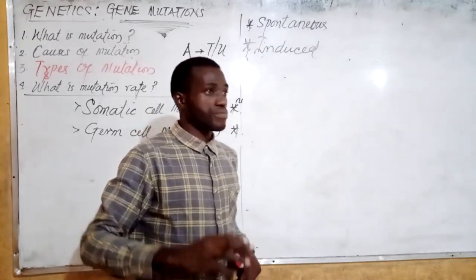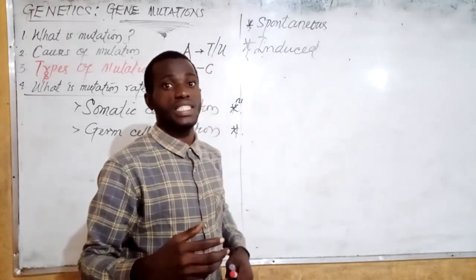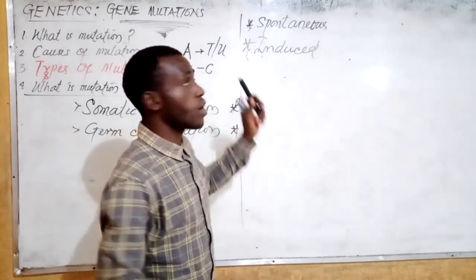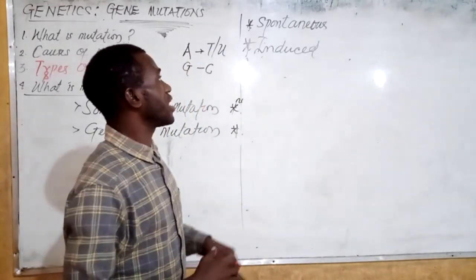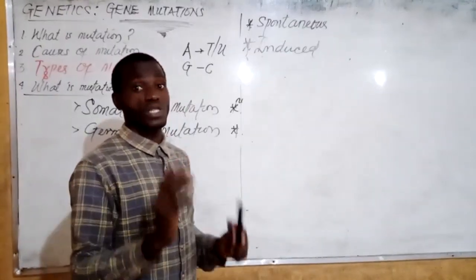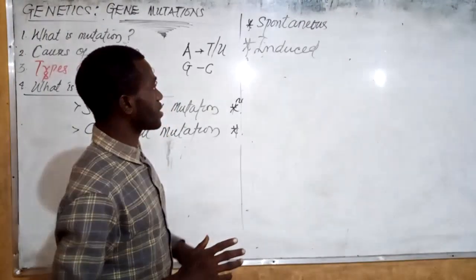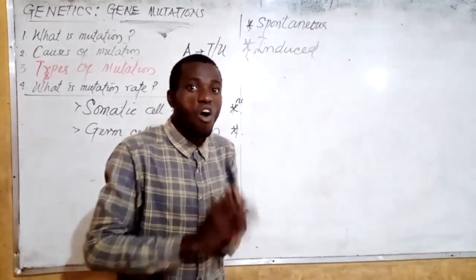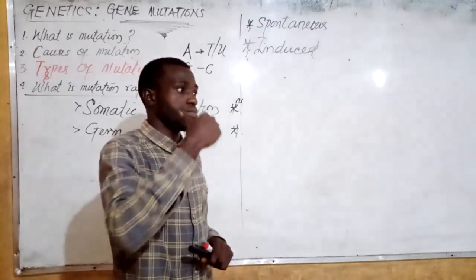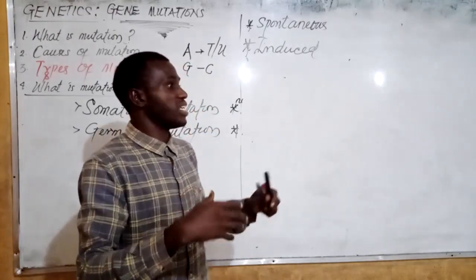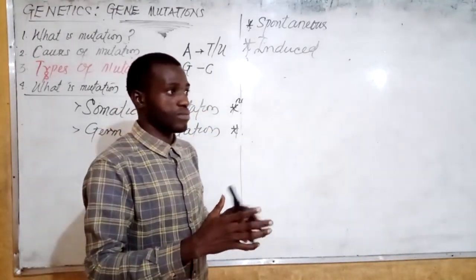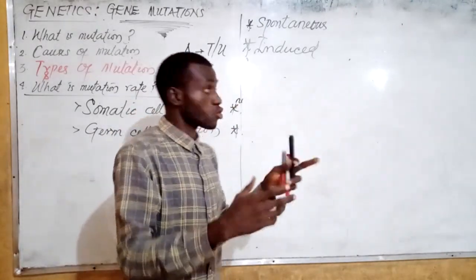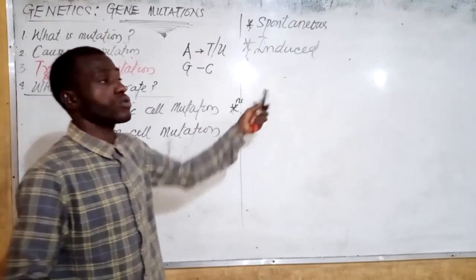So, for example, it could be a mistake in the DNA sequence, such as a missubstitution of one of the nucleotides. So, spontaneous mutations are usually untraceable. That is the point. While the induced mutations are the ones that are typically caused by artificial causes, such as exposure to radiation that we talked about, or exposure to a particular mutagen.